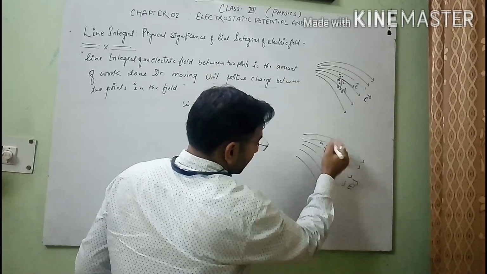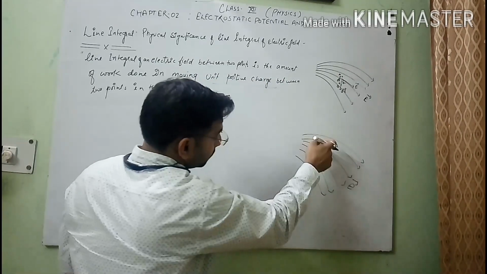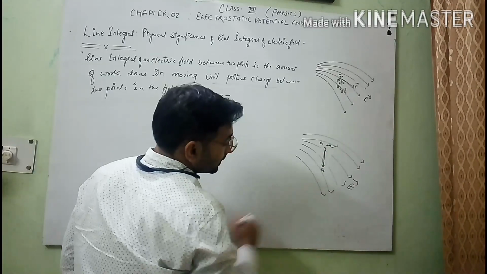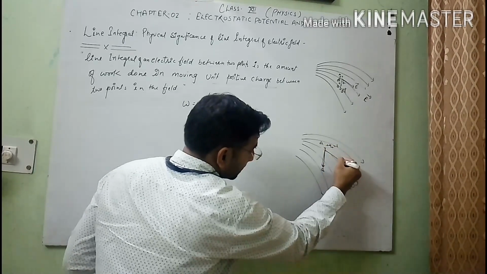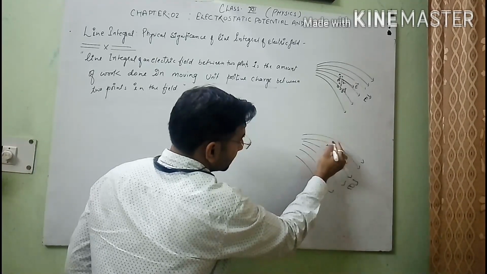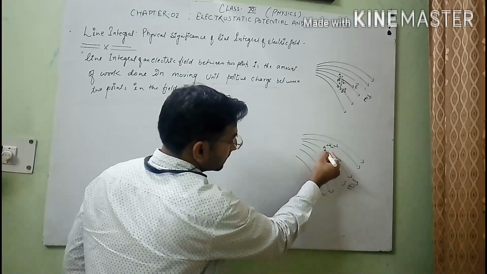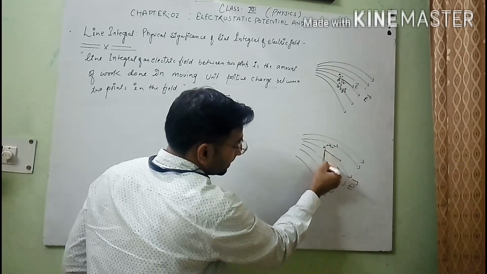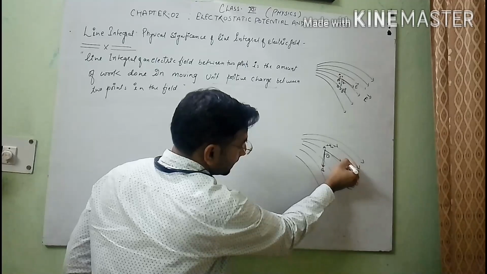So if I want to carry this charge from A to B, you will take any point and draw a tangent at this point. Suppose I consider this point. You will see that the distance AB makes a theta angle with the electric field.